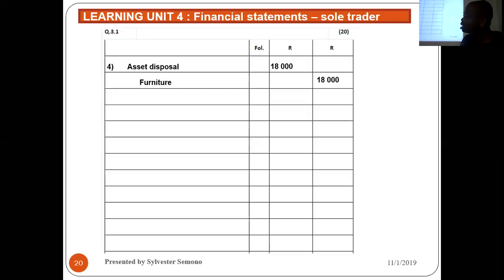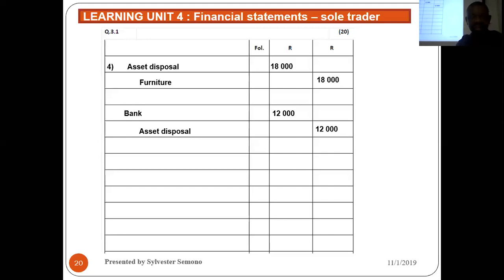Bank and asset disposal. Will bank increase or decrease? How can you sell and receive cash and bank decrease? Under which side? You debit the bank, you credit asset disposal. So you need to learn the rules, otherwise you're going to put them under the wrong side.